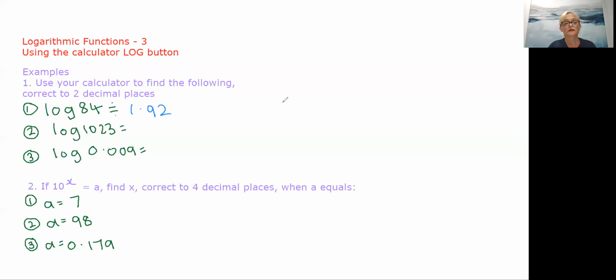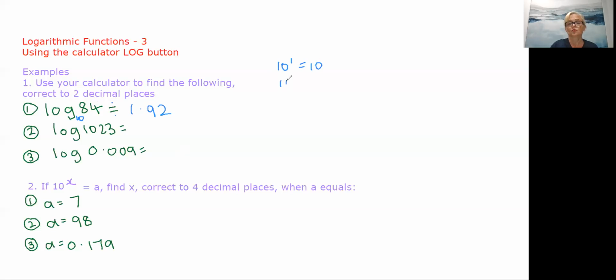We should always think when we get an answer, whether that answer makes sense or not. Does it make sense that log of 84 is 1.92? Just remember, what does log of 84 mean? What it means is, what do you raise 10 to give you 84? Now, we know that 10 to the 1 is 10.